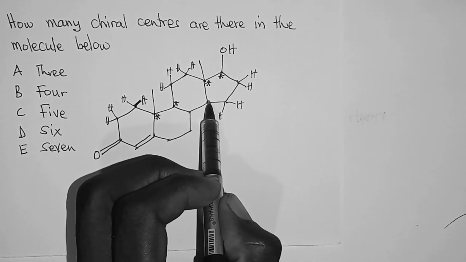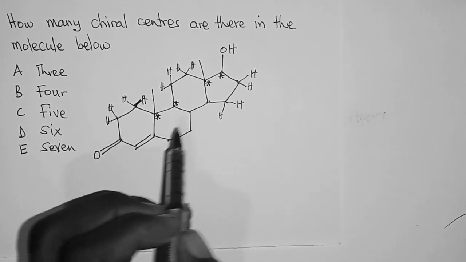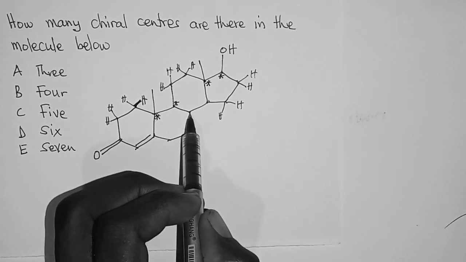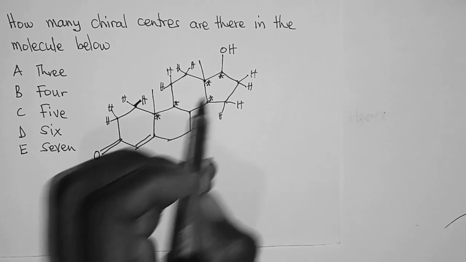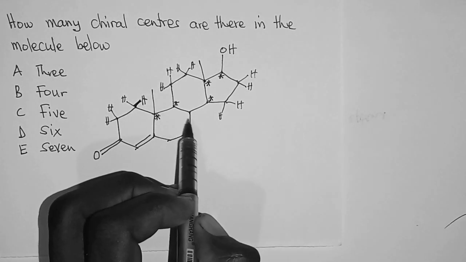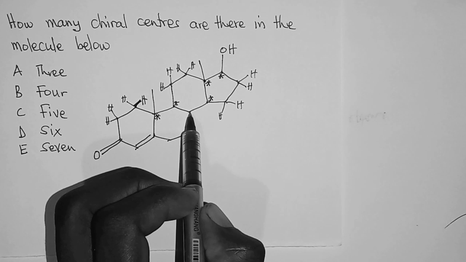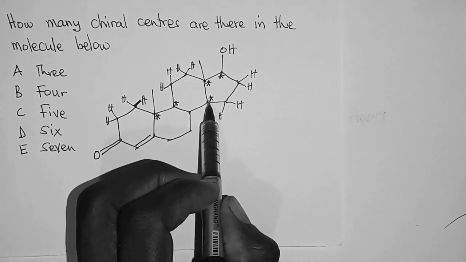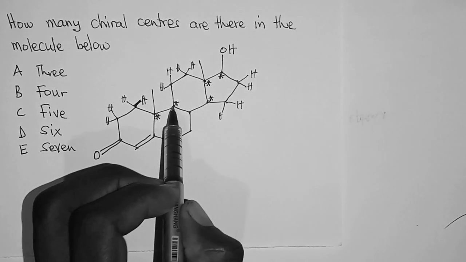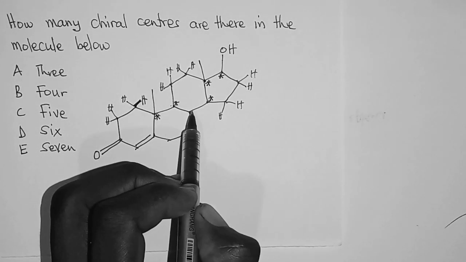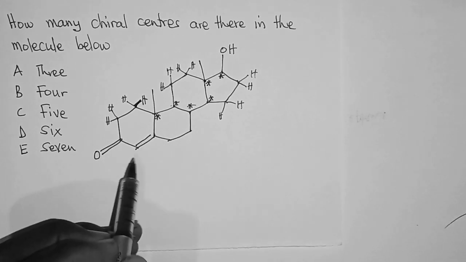If you take this carbon, it is different from this one, and which is different from this carbon. So this one is also a chiral center. And if you take this carbon, you can see that this carbon is different from this carbon, which is also different from this carbon. And therefore, this one is also a chiral center.